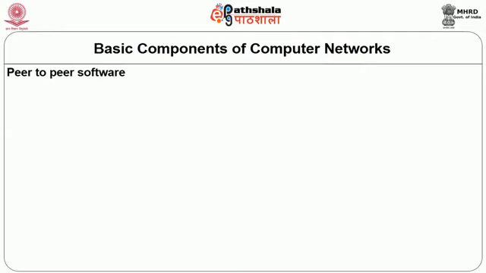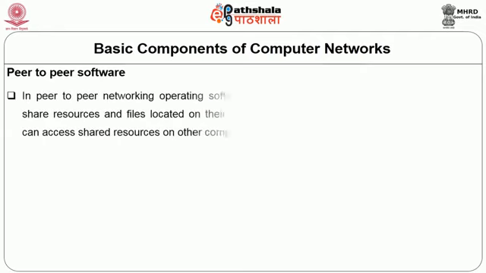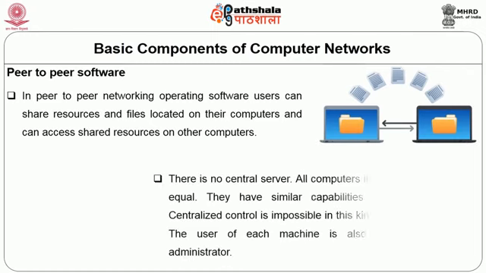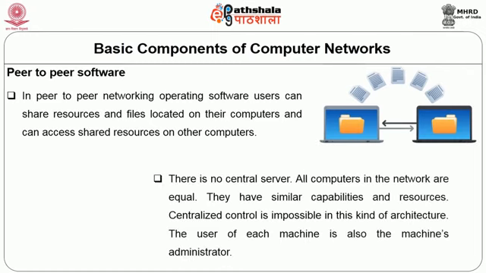Let us see peer-to-peer software first. In peer-to-peer networking operating software, users can share resources and files located on their computers and can access shared resources on other computers. There is no central server. All computers in the network are equal.